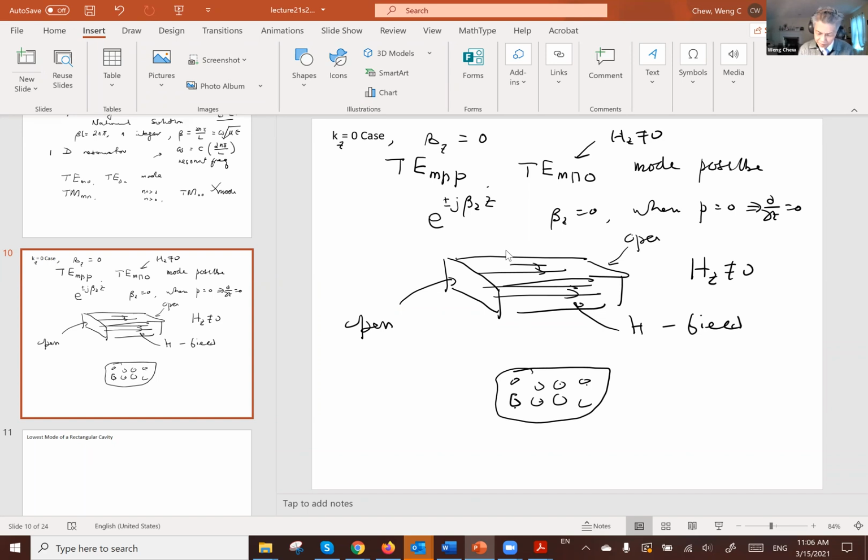This is the side view, or the magnetic field is going into the waveguide, and then the wave is just bouncing back and forth like this, using the 4 walls of the rectangular waveguide. So it's still possible to have this mode. That's what I call the KZ equal to 0 case, or the beta Z equal to 0 case. And this will be the TEMN mode.